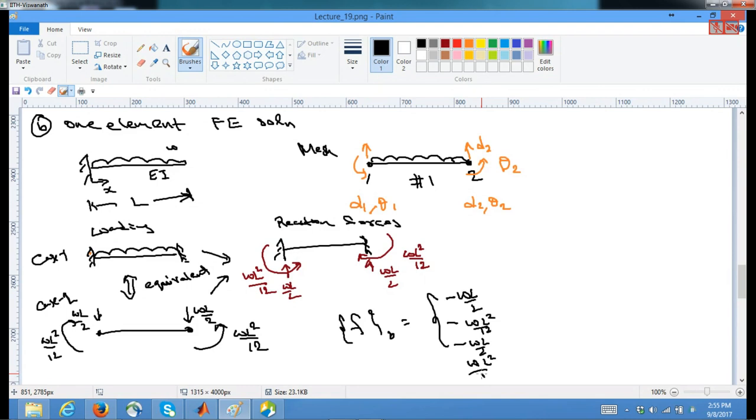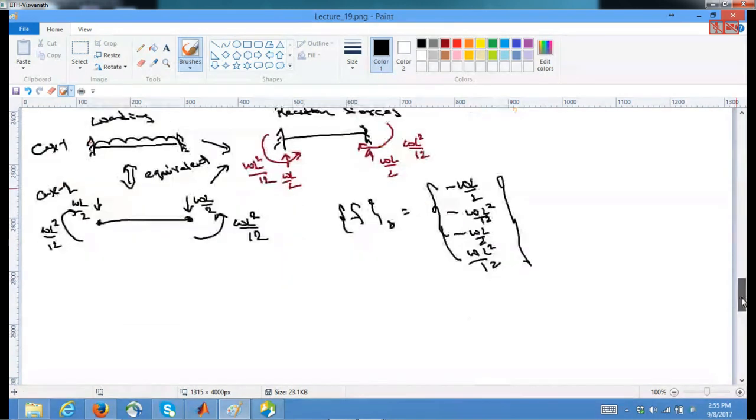Now with this as my loading condition, let us solve the one element solution.